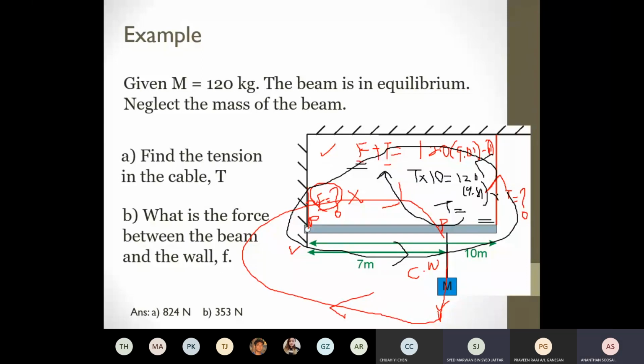Here must be multiplied by the length. The length is 7 meter, because it's a moment. So you should get 120 times 9.81 times 7 divided by 10 to get the T. I didn't put the 7. Now you got the answer? 824. Yes, 824. Okay, good. So the important thing is the technique.